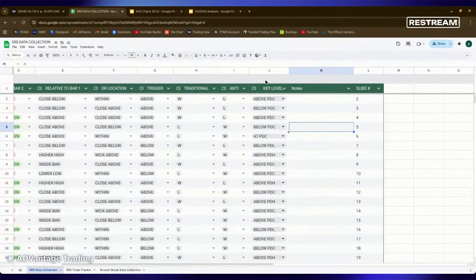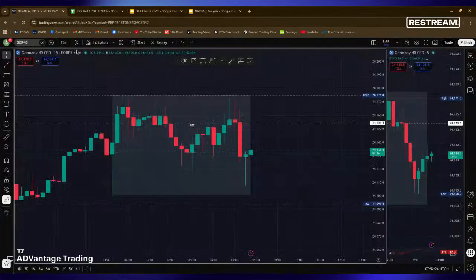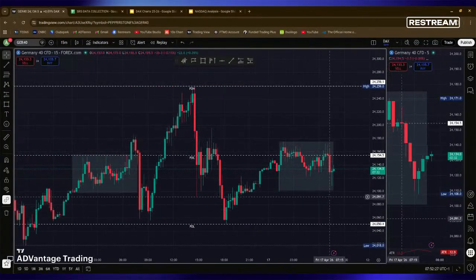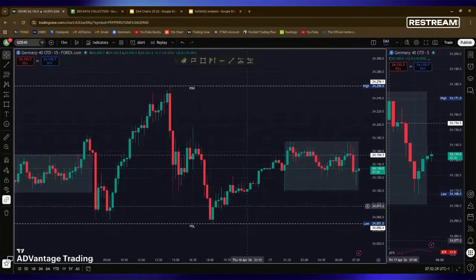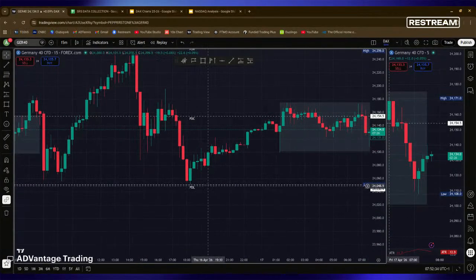And then the final variable is the key level. So I have 4 key levels. We've got previous day high, previous day close, previous day low. And I'll show you, I've marked it out for today. So where the market is today relative to where it was yesterday is also important to factor in. So previous day's low price was down here.